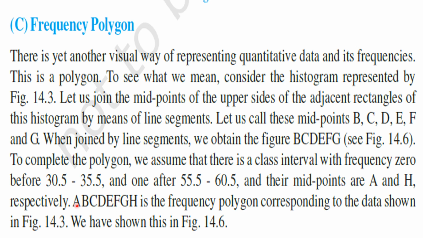Okay, my children. Now we have to join A, B, C, D, E, F, G, H. This is a frequency polygon corresponding to the data shown in figure 14.3. We have shown this figure in 14.6. Okay, my children, right.